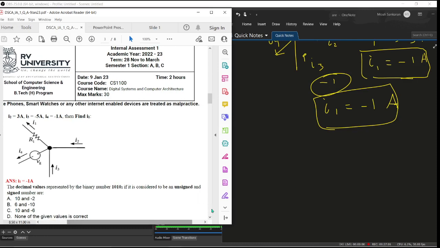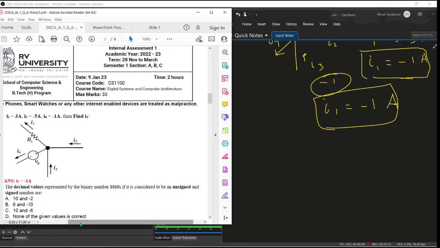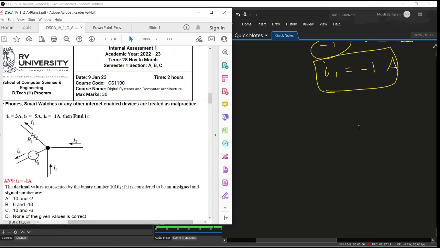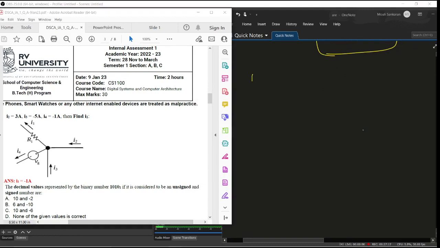Now, there is a big confusion about these values. So let us now understand it better. Okay. This is question number 9. Okay. Now let me take some more space here. Question number 9.